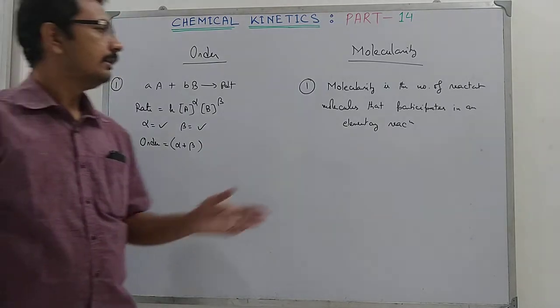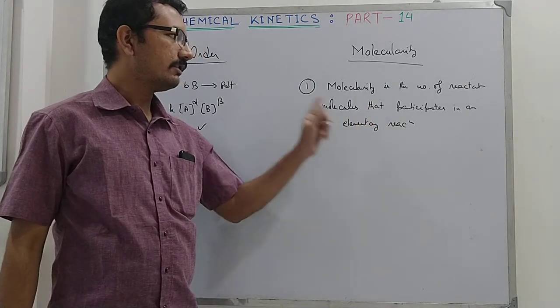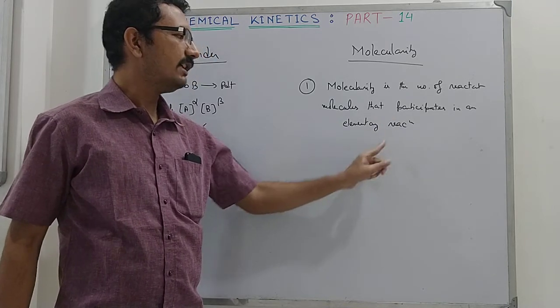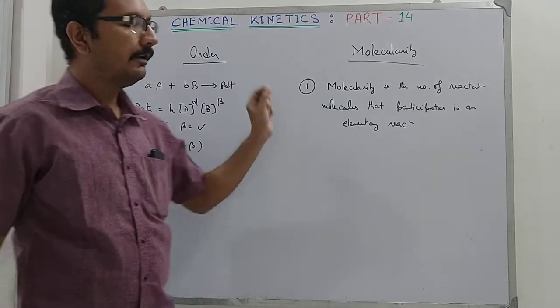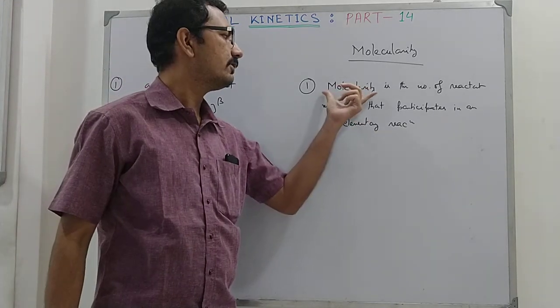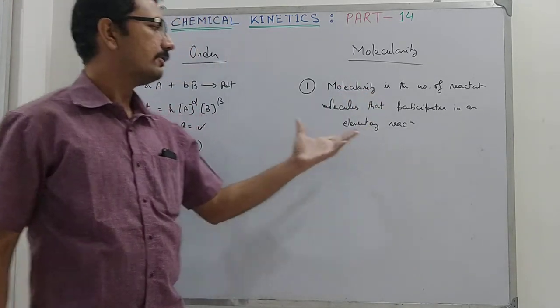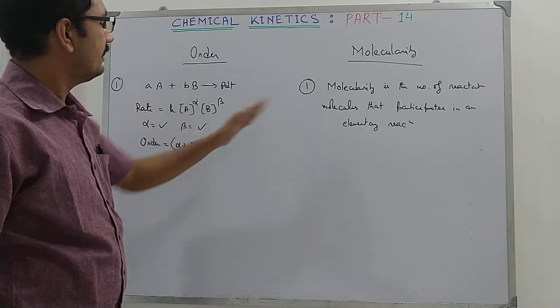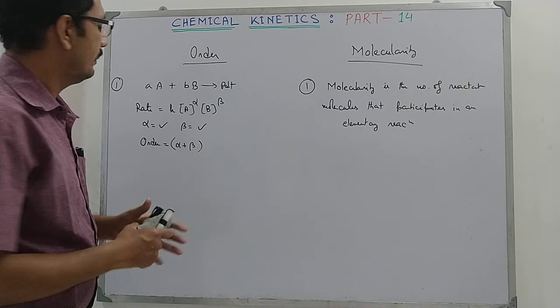So just count the reactant molecules that participate in an elementary reaction. Obviously the reaction must occur in a single step, then only the definition of molecularity is valid, otherwise not. So it is a theoretical quantity, and order is an experimental quantity.